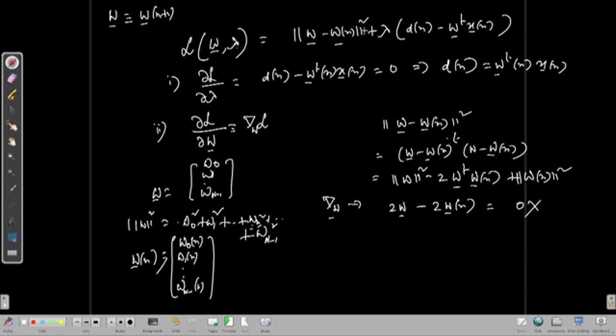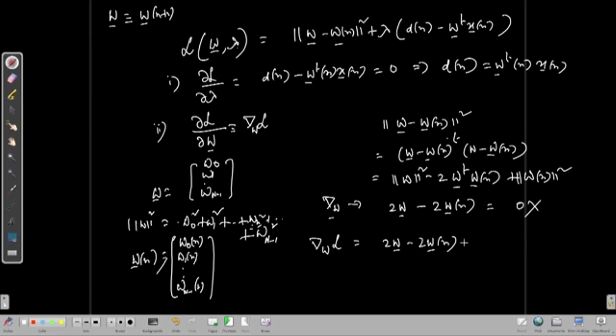So, the first term when derived will give rise to this, that is now del W L will be twice W minus twice W n, and then I have got another term minus lambda W transpose x n. So, W transpose x n derived the same way, the same logic, will give rise to x n.